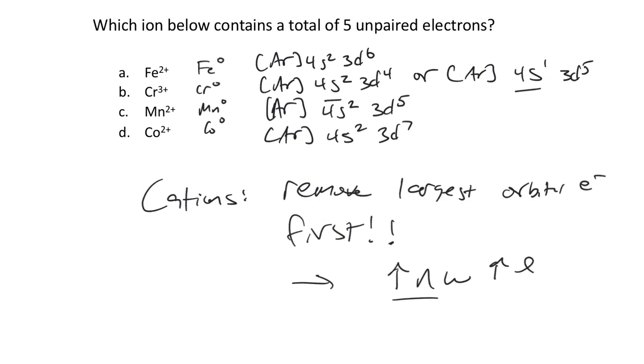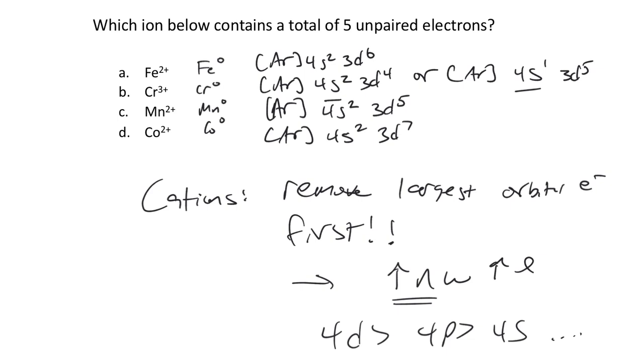Because N relates to size, having a larger N value means the orbital is larger. And the larger the L value, a d orbital is bigger than a p orbital, which is bigger than an s orbital in the same shell. So if we're comparing a 4d with a 4p with a 4s, the 4d is bigger. If we're comparing a 4p with a 4s, the 4p is bigger. So a 4d is bigger than a 4p is bigger than a 4s.